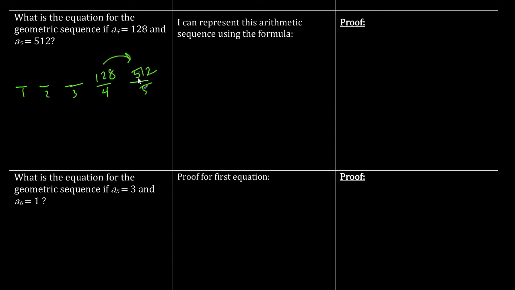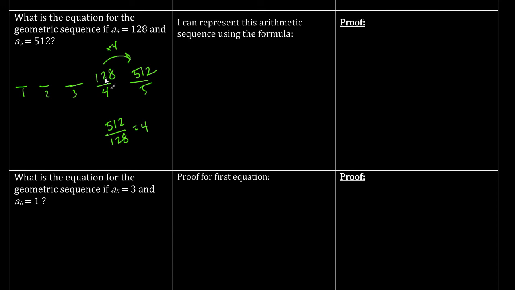Remember, if I don't know what I'm multiplying by, then I have to divide. 512 divided by 128 equals 4. So that's times 4 going this way. To go backwards, I would have to divide by 4.